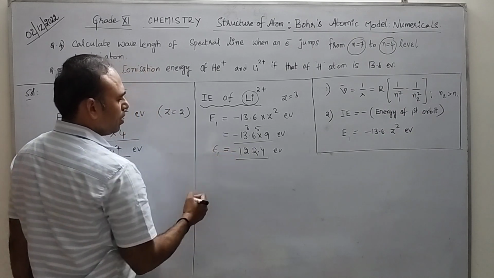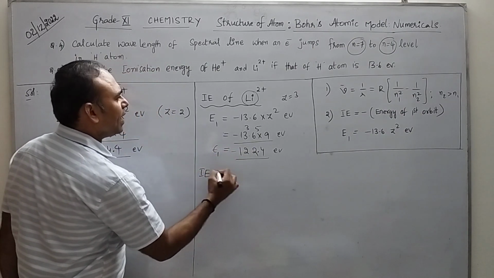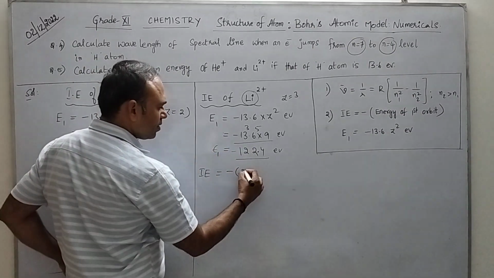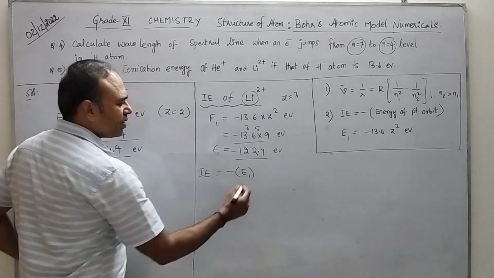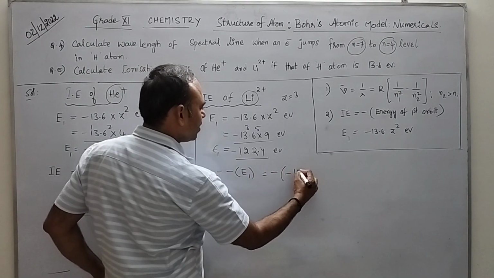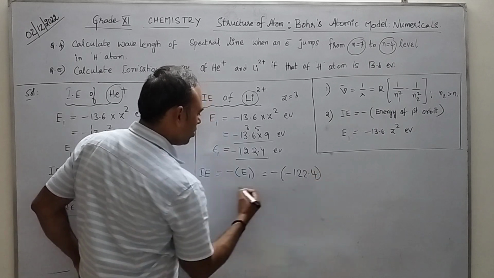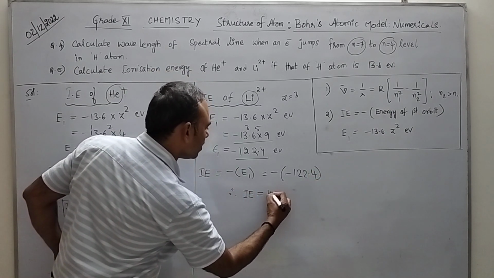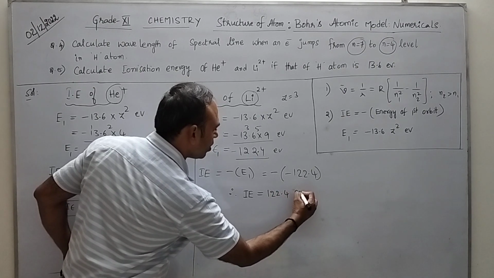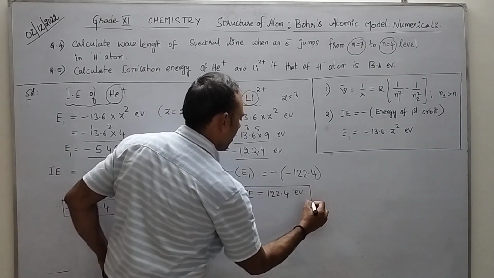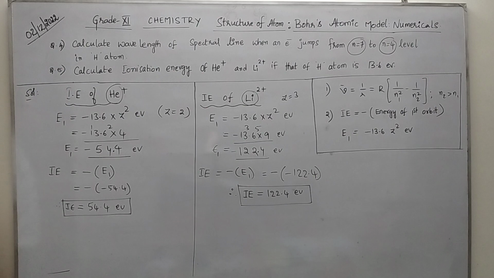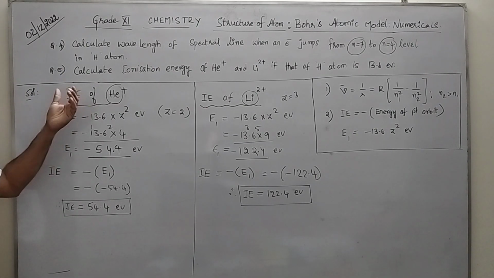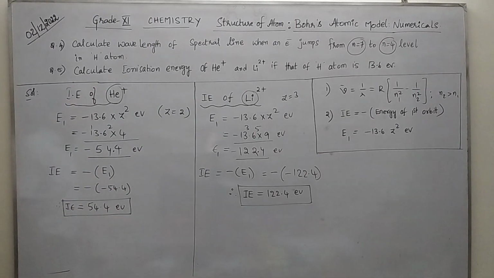Ionization energy of Li2 plus is nothing but minus energy of first orbit, nothing but minus of minus 122.4. So finally you can say that the ionization energy here is 122.4 electron volt. By using this method we can calculate ionization energy of any single electron species. Hope you have understood this.